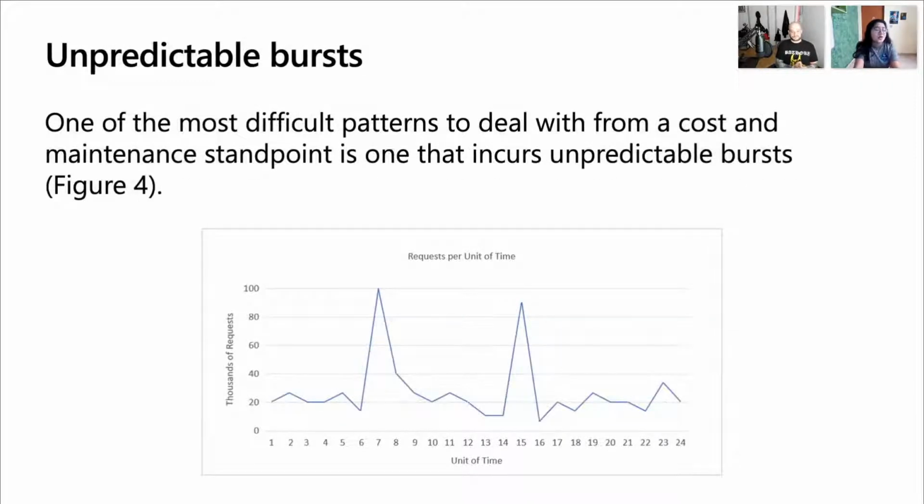One of the most difficult patterns to deal with from a cost and maintenance standpoint is one that incurs unpredictable bursts like in this chart. If the peaks are predictable, for example, if the website serves a pizza delivery service that experiences higher loads on weekends and holidays, then extra capacity can be planned for.